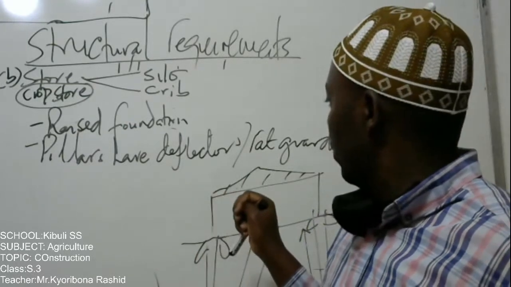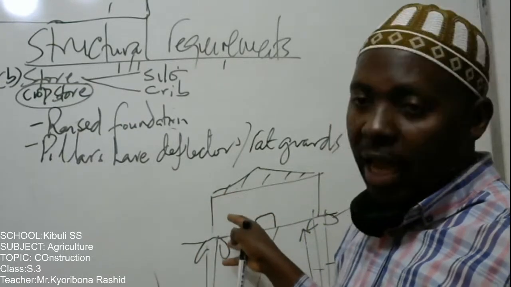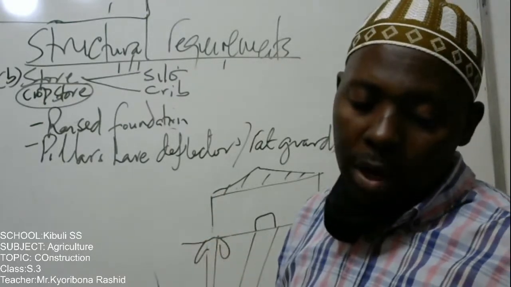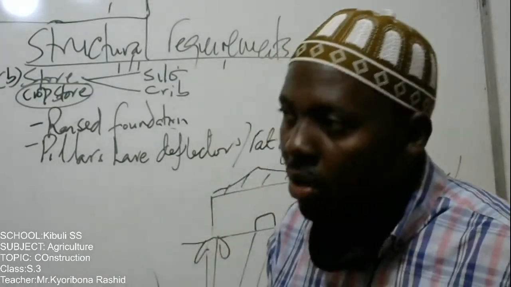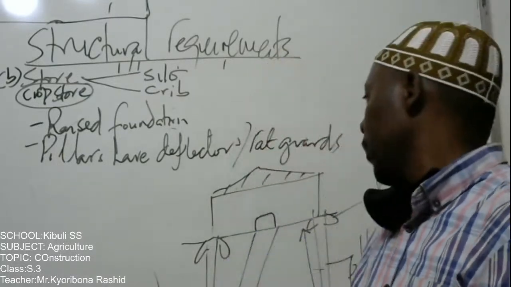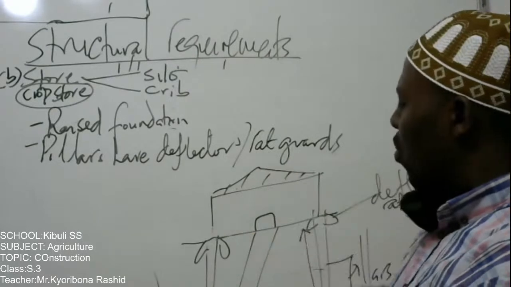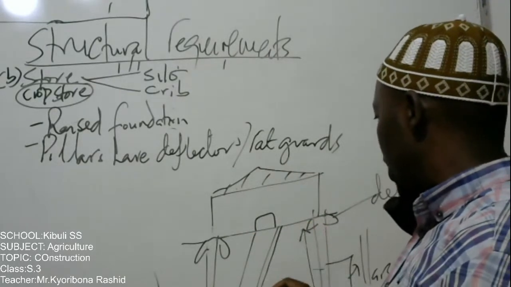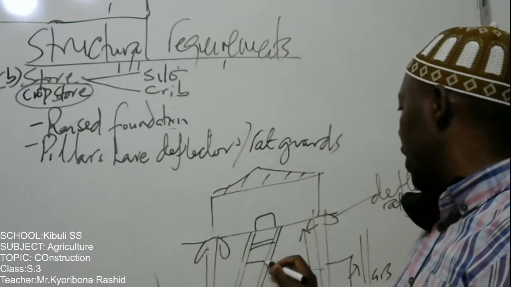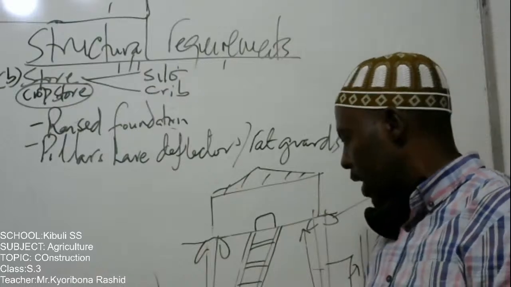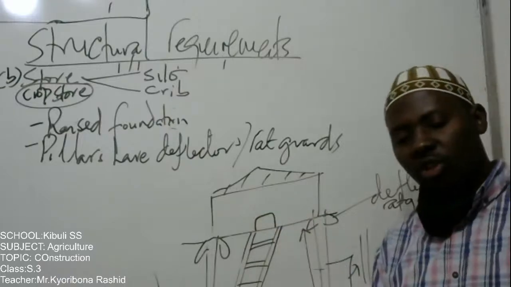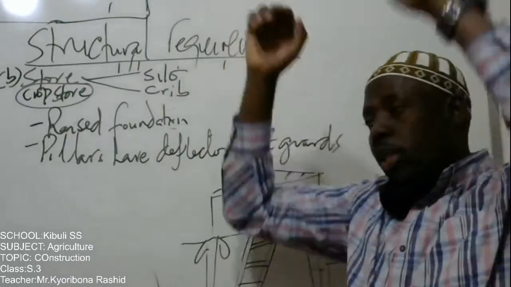So care has to be taken so that grains or crop are stored with minimal disturbance by pests. Now, assuming this is a raised crib, even when the farmer is accessing it, it has to be with ladders. The farmer has to put the ladder so that he uses this structure. It has to be raised above the ground.